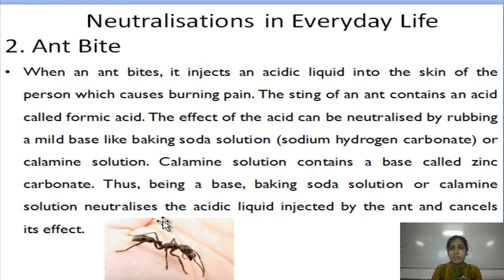Calamine solution contains a base called zinc carbonate. Thus, being a base, baking soda solution or calamine solution neutralizes the excess liquid injected by the ant and cancels its effect.